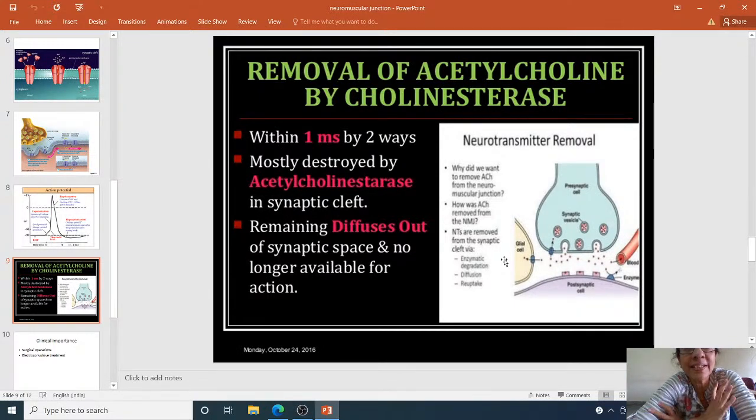So that much time the acetylcholine is present in the synaptic cleft is enough to bring about the end plate potential and for the muscle to contract. That much acetylcholine, remaining for less than 1 millisecond, is enough.